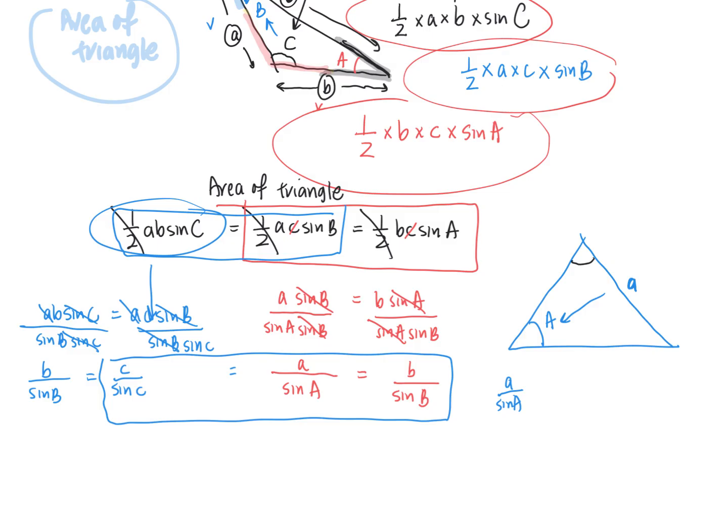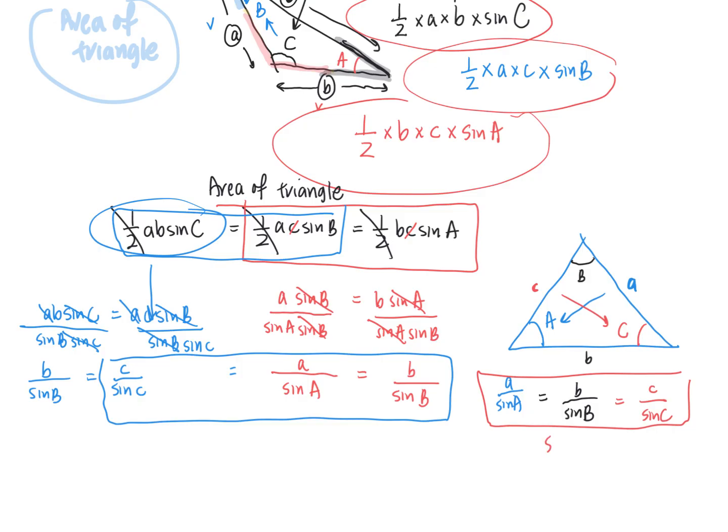So for example, this is angle B, this is my length B, the ratio is the same. Then my last side, let's say this is my angle C, this is my little length C. The ratio between the length and sine of the angle is always the same.